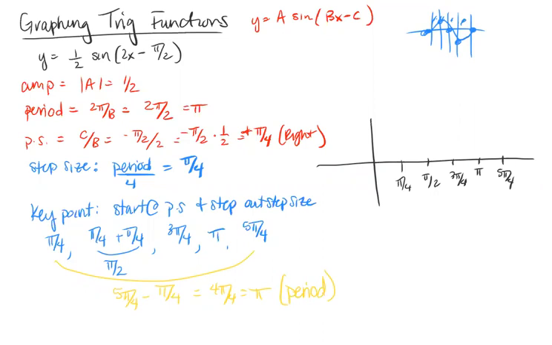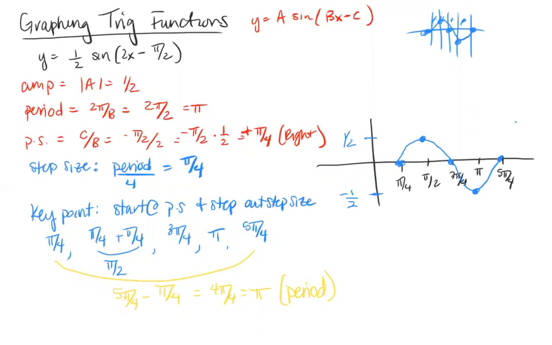So it's going to start here at our phase shift and go up, and what we're going up to is 1/2, which is our amplitude, and we'll go down to negative 1/2 eventually. So we'll go up and then down to 0, then back down to our minimum at negative 1/2, and then up to 5 pi over 4, and then connect those, and we have graphed one period of this sine function.